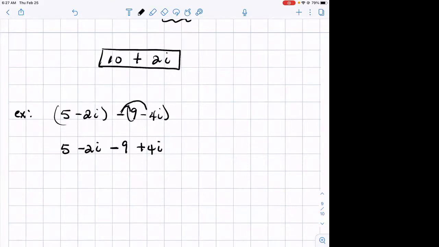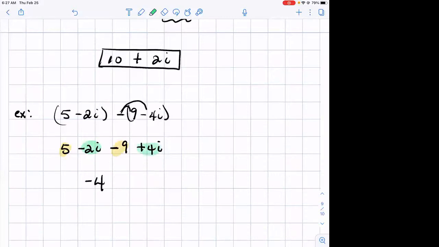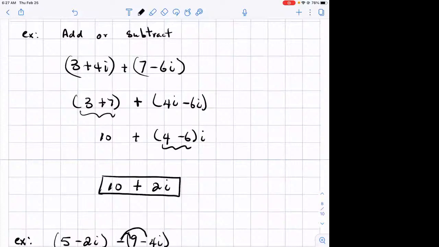And then you combine like terms, okay? Combine like terms. So 5 minus 9, okay? And 5 minus 9, we know, is negative 4, okay? And then we have minus 2i plus 4i, and that becomes positive 2i. So it's really the same as adding or subtracting polynomials, right? And we could have done that over here too. Yeah, we could have done that, just get rid of the parentheses.